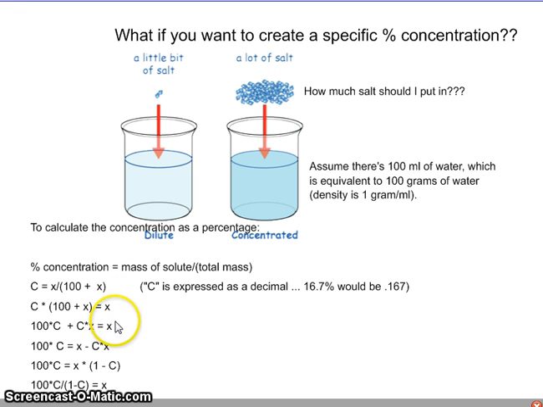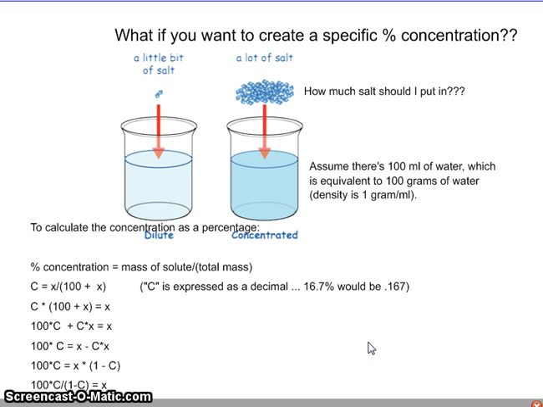You're welcome to look through all these steps, but at the end we're going to have 100 times C, divided by 1 minus C, and that's going to give us the amount of solute that we need. The 100 comes about because we assumed 100 milliliters of water.